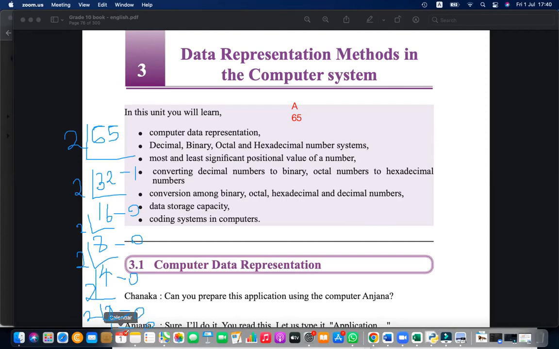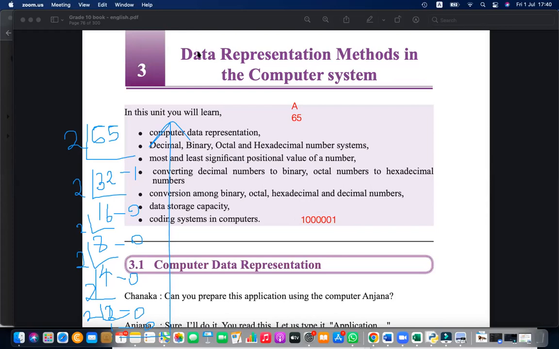So you can write this number as 1 0 0 0 0 0 1. How many zeros? 1 2 3 4 5. Five zeros and a 1. So this is the representation in binary.